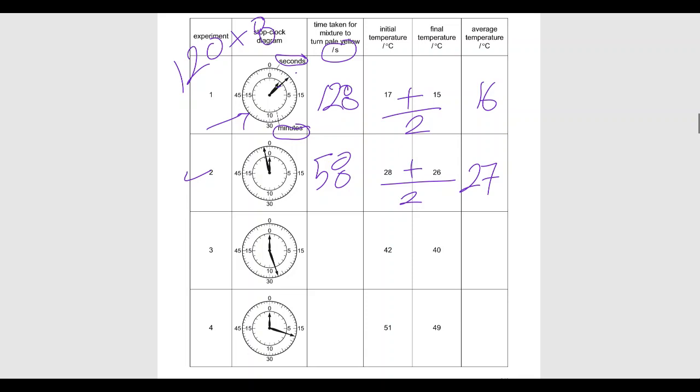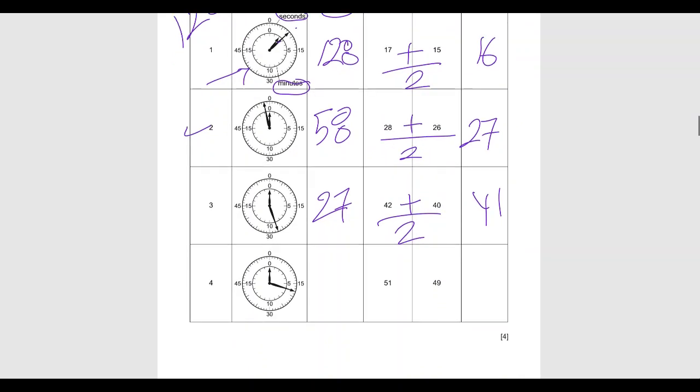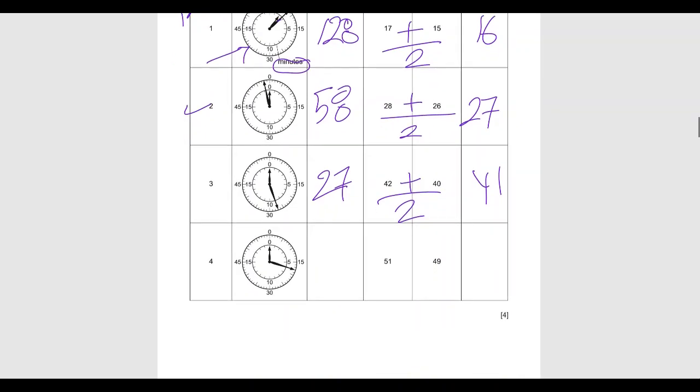The third experiment is 0 minutes actually, and 27 seconds with average 41. The last experiment is 18 seconds with 50. Okay.